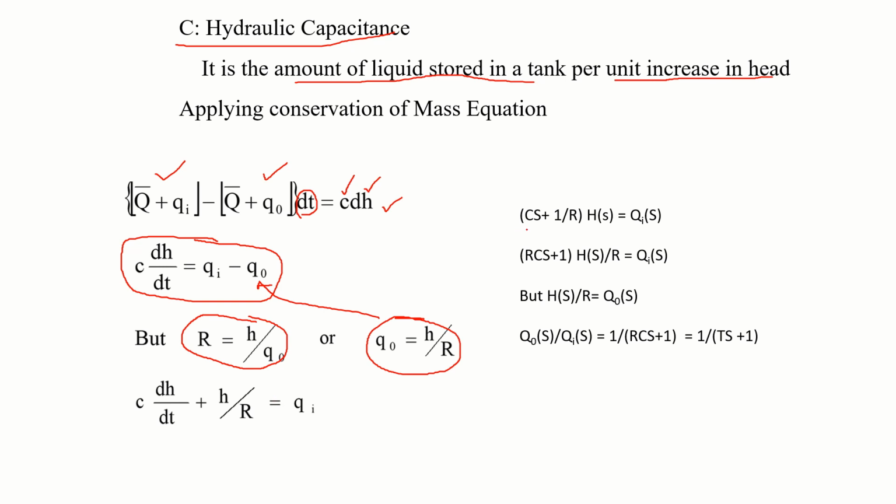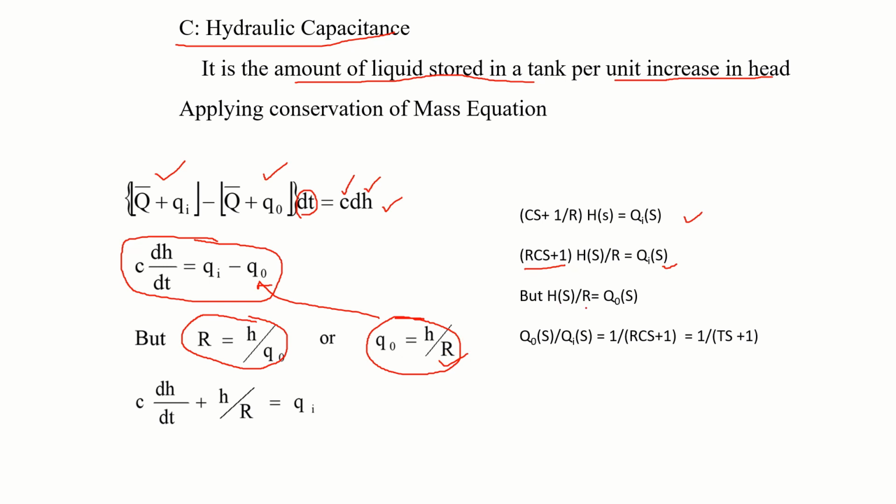If I take Laplace for this, it is (Cs plus 1 by R) H of S is equal to Qi of S. If I take LCM, then it becomes (RCs plus 1) by R, whole thing into H of S is equal to Qi of S. Again, for this, if I take Laplace, Q naught of S is equal to H of S by R. Okay, it is not a variable, so don't take R of S for this.